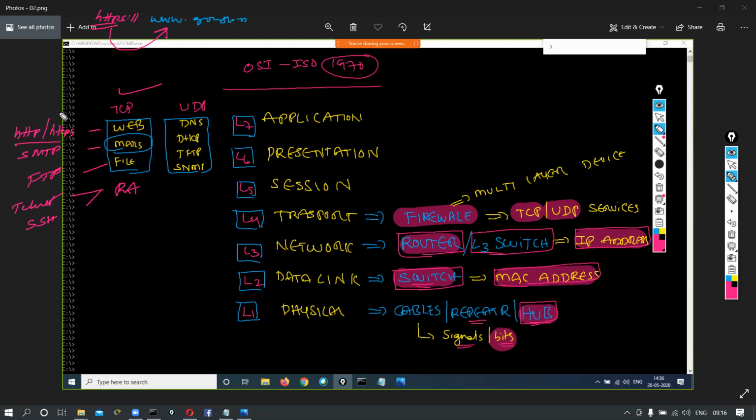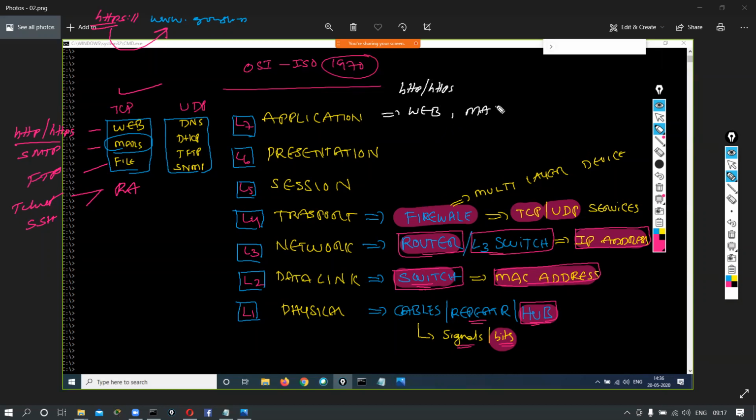All these background protocols and services work under which layer? Layer 7, guys. Protocols and services: for web service purpose, the background protocol is HTTP or HTTPS.